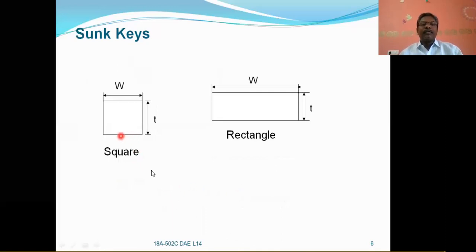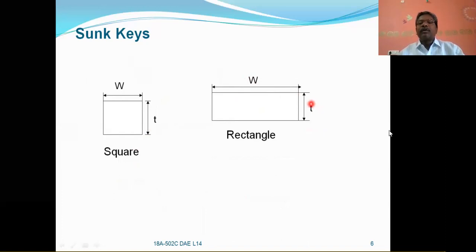So here you can see the square key. The thickness is equal to the width of the key, which is 1 by 4th of the diameter of the shaft. And here is the rectangular sunk key, where thickness is D by 6 and width of the key is D by 4.